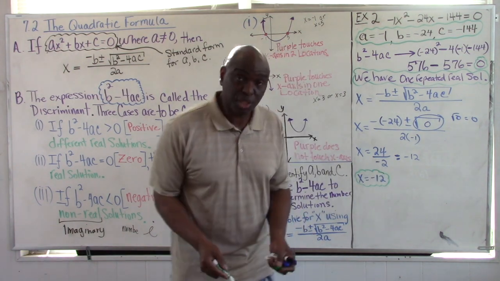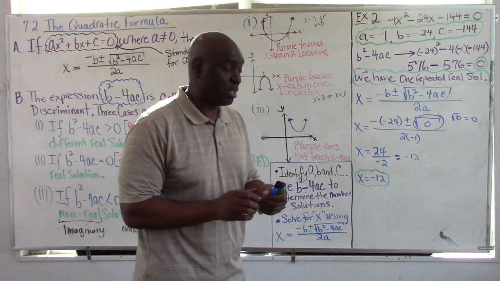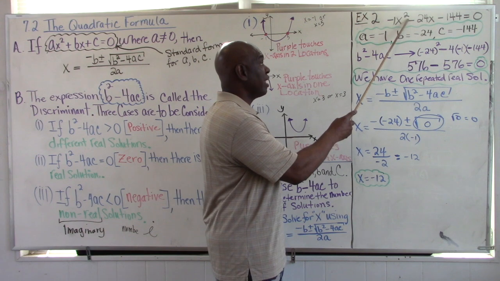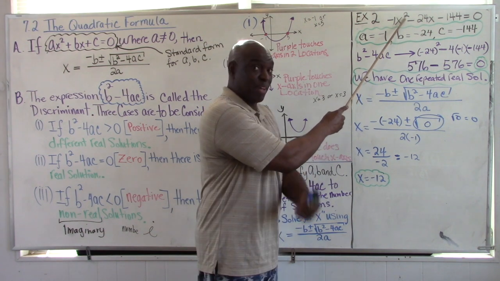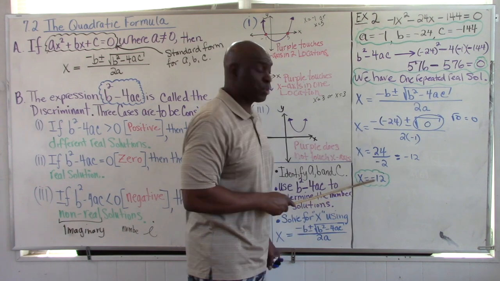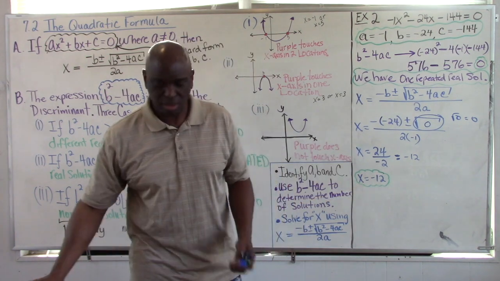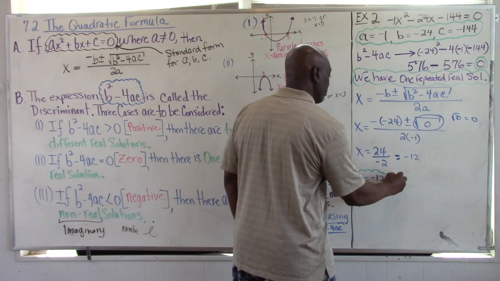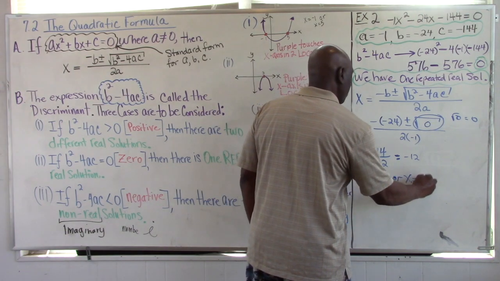If you want to be technical about it, here's really what it's saying. Our situation is a quadratic, so we have to have 2 answers. So the answer to our problem is x equals negative 12 twice. So it's really x equals negative 12 or x equals negative 12.